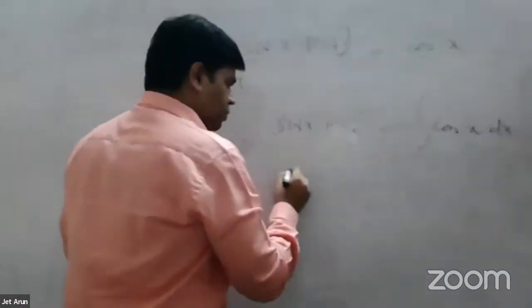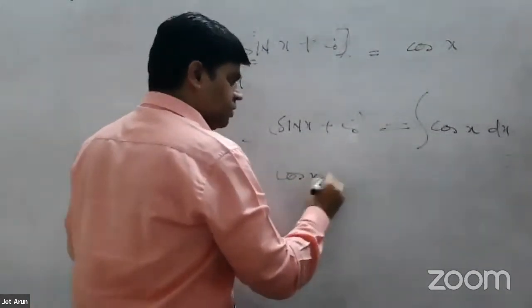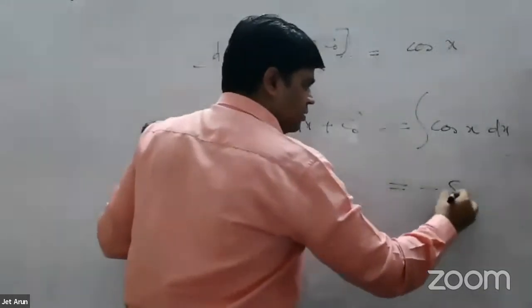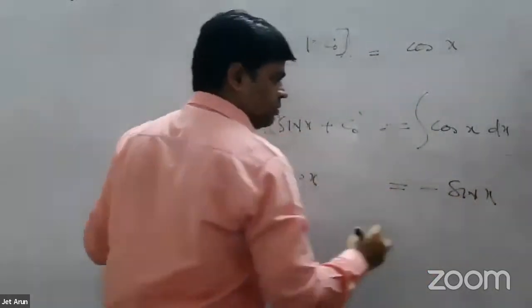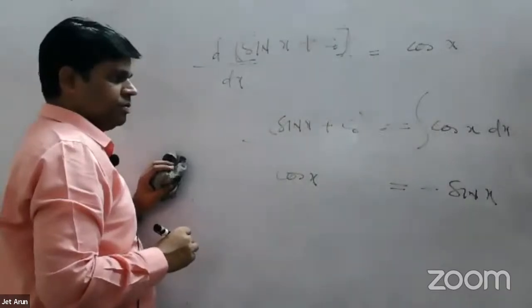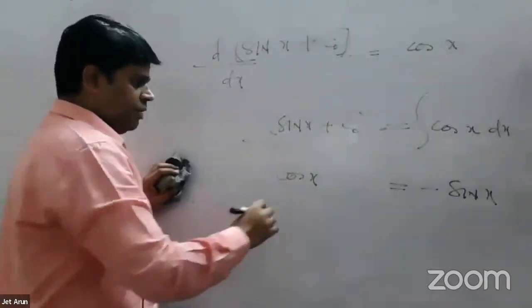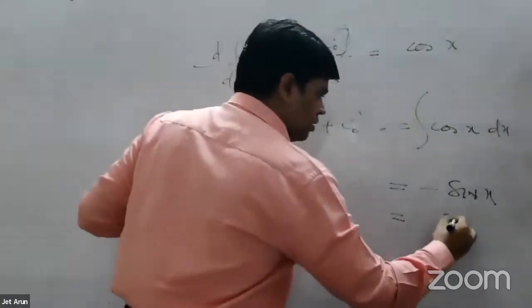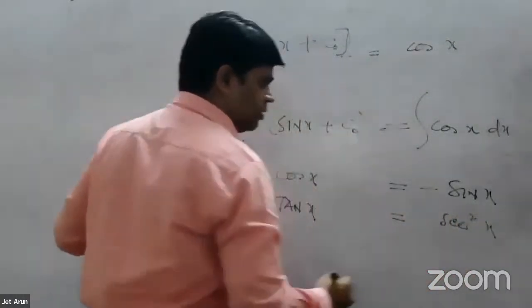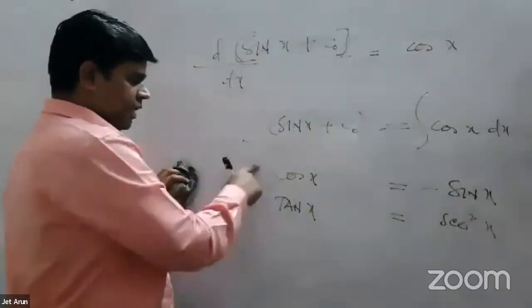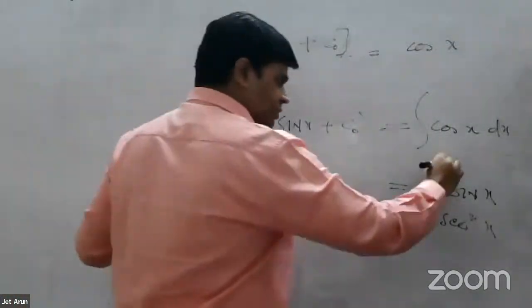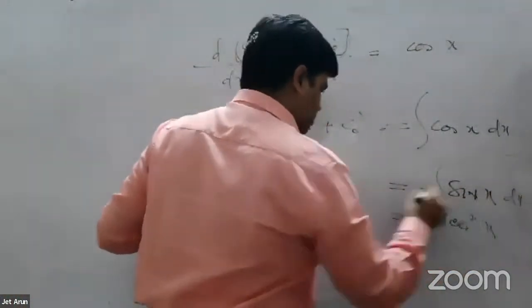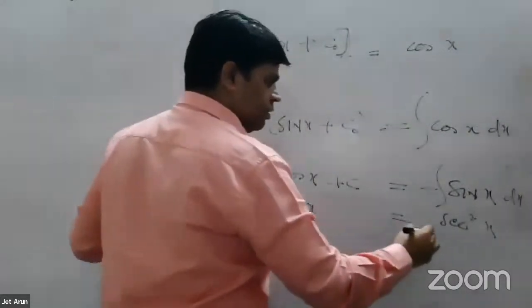I know the derivative of cos is minus sin, and derivative of tan is secant square. So integral of sin would be minus cos x plus c.